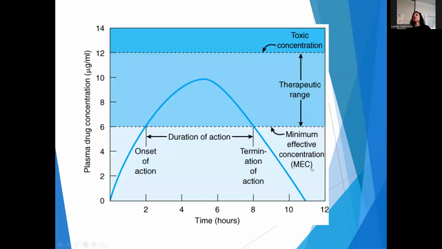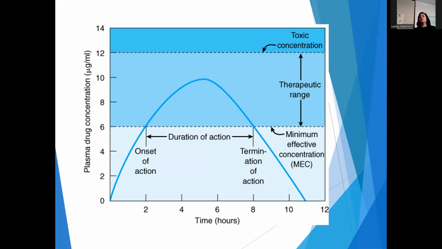So this just demonstrates it. You'll start taking your medication and it'll take a couple hours to start working. This is showing that after 2 hours, finally your medication kicks in and you're in the therapeutic range. It might peak at the 6 hour mark, and then it's going to start to come down, and it's going to leave the therapeutic range, that minimum effective concentration.